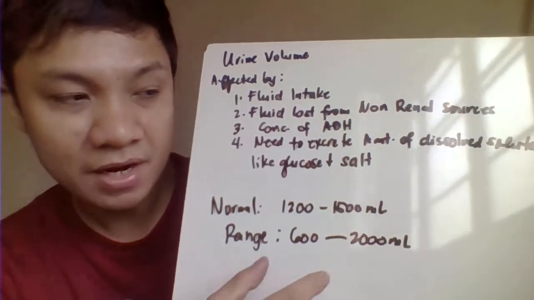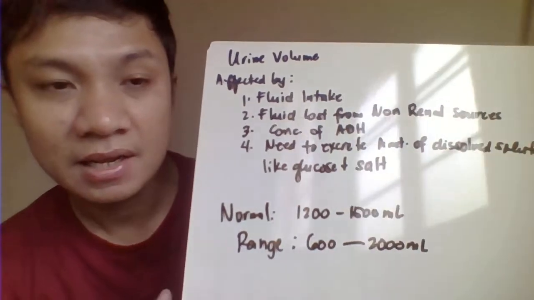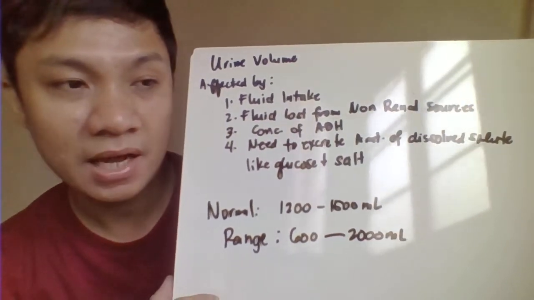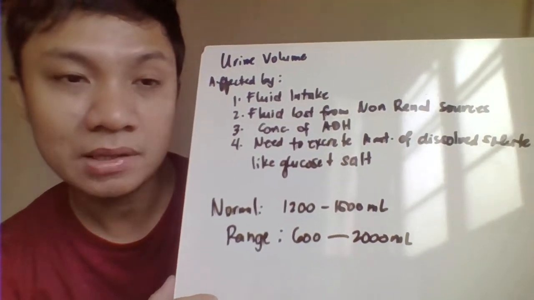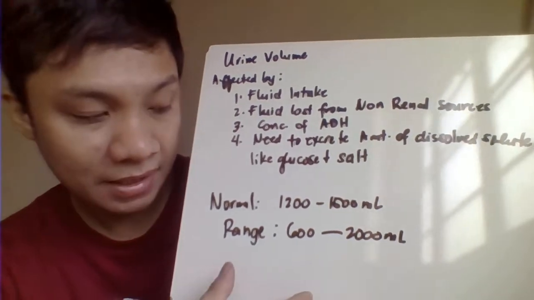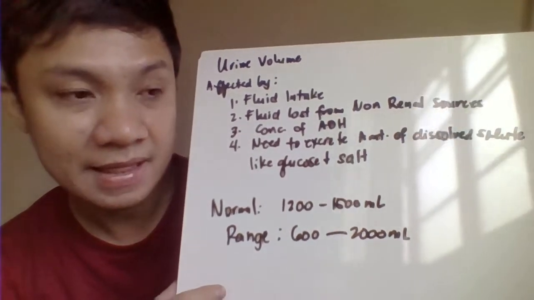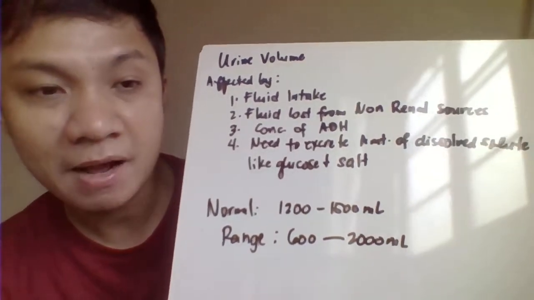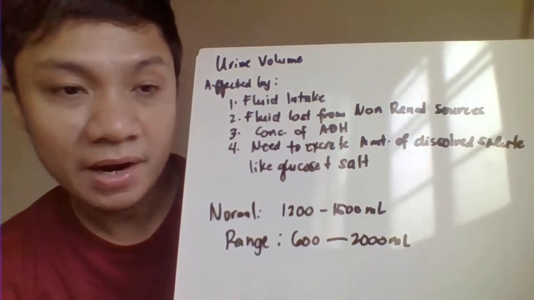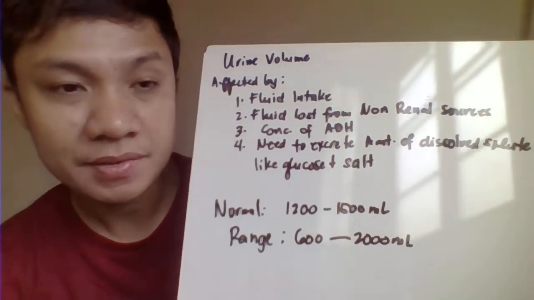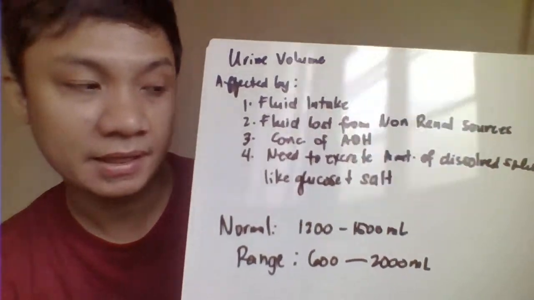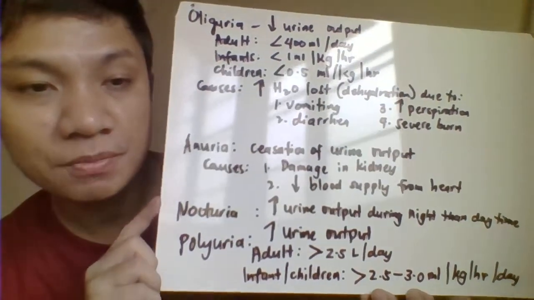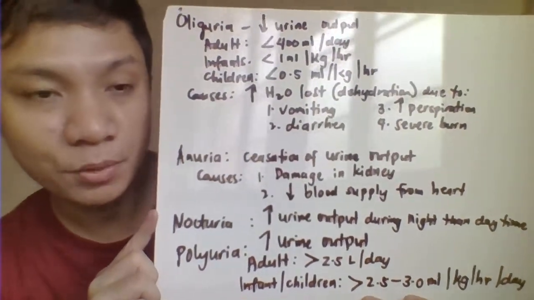Daily urine output could be 1,200 ml to 1,500 ml, but it could range from 600 ml to 2,000 ml. This range becomes the basis for whether you are excreting a normal urine volume or not.